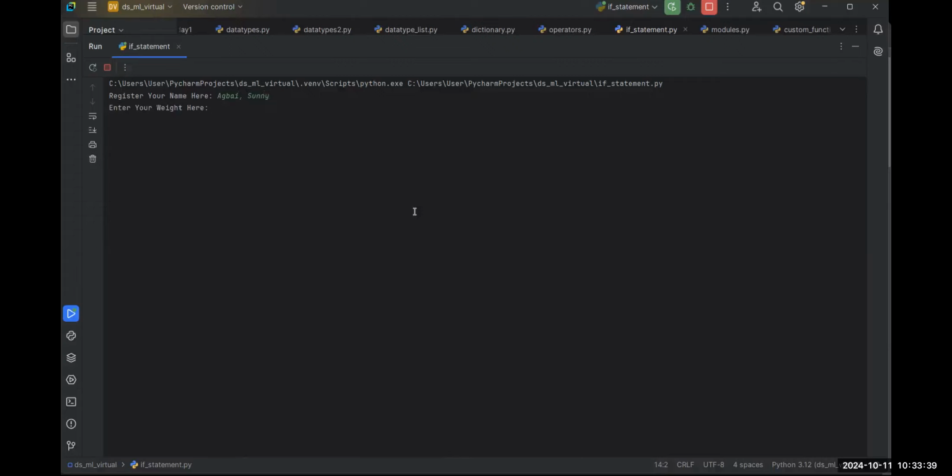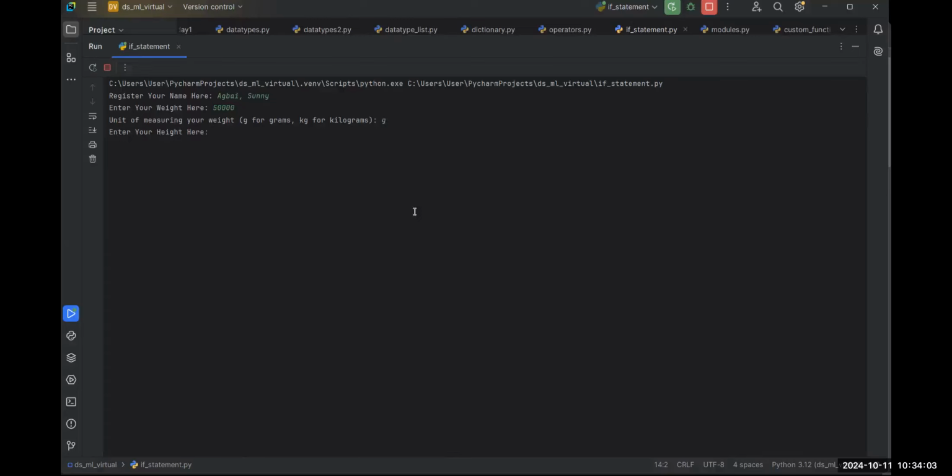Now I am going to use weight in grams. That should be 50,000. Enter. Now, units of measuring your weight: G for grams, K for kilograms. So I am putting G.